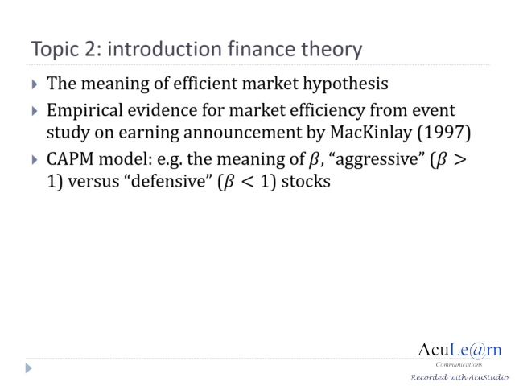For beta, we also divide into the case of an aggressive asset where the beta is larger than 0, and a defensive asset where beta is smaller than 0. So you should understand in general the meaning of the CAPM model and be able to explain the estimation result of a CAPM model.